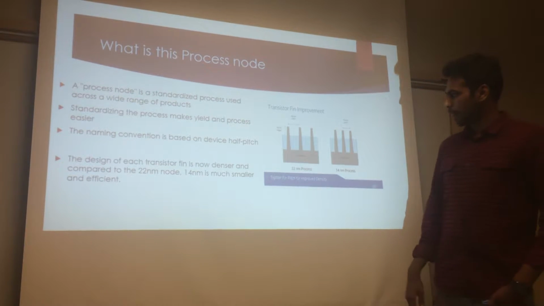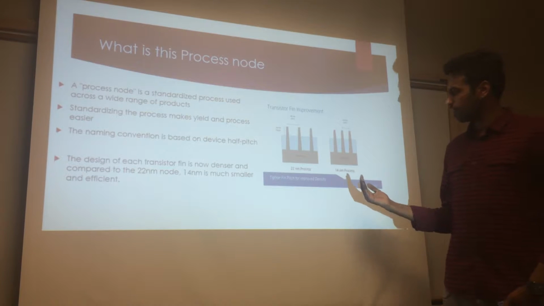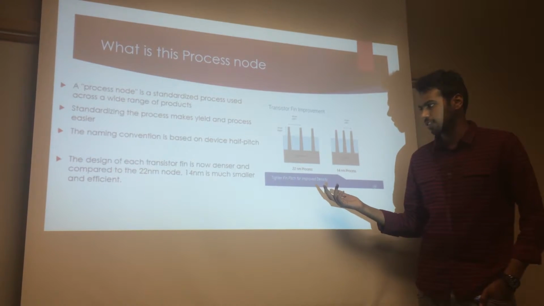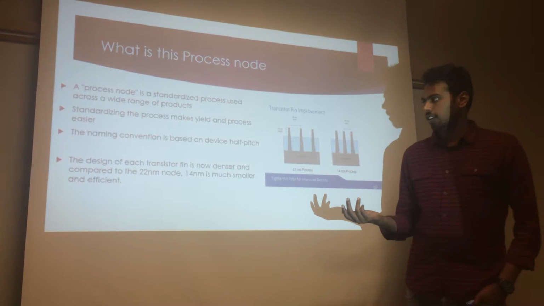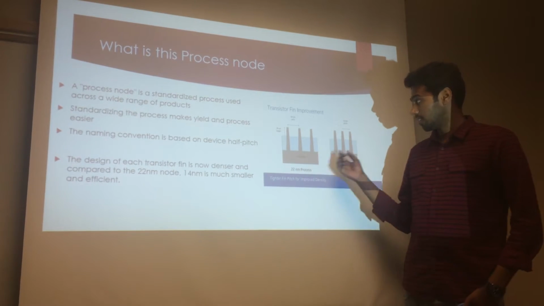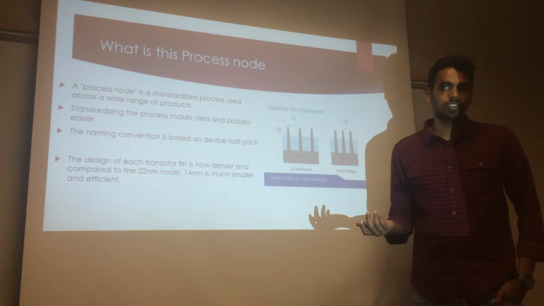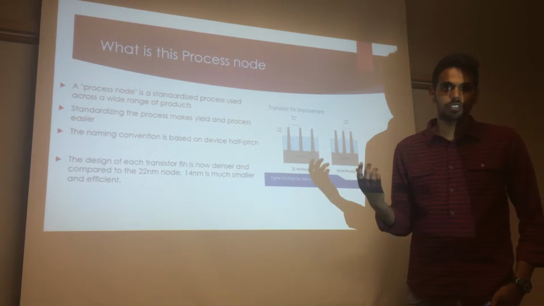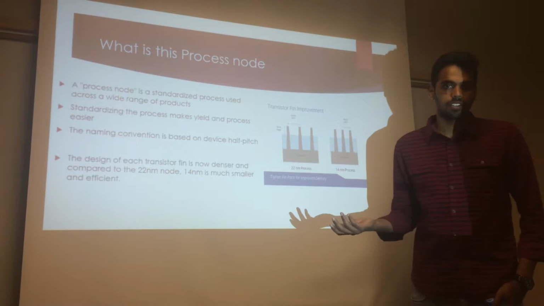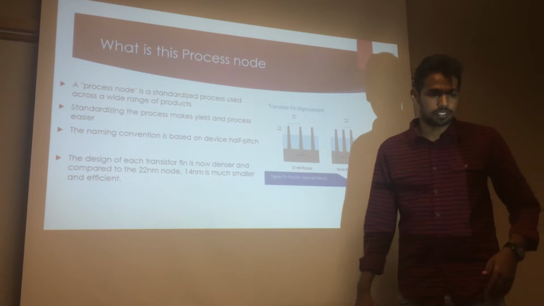If you see, the half pitch of a 14 nanometer process is lesser compared to a 22 nanometer process, by which I mean the lesser the process node, the lesser the half pitch, and hence the smaller the size of the transistor, which eventually leads to improved density and hence better performance.